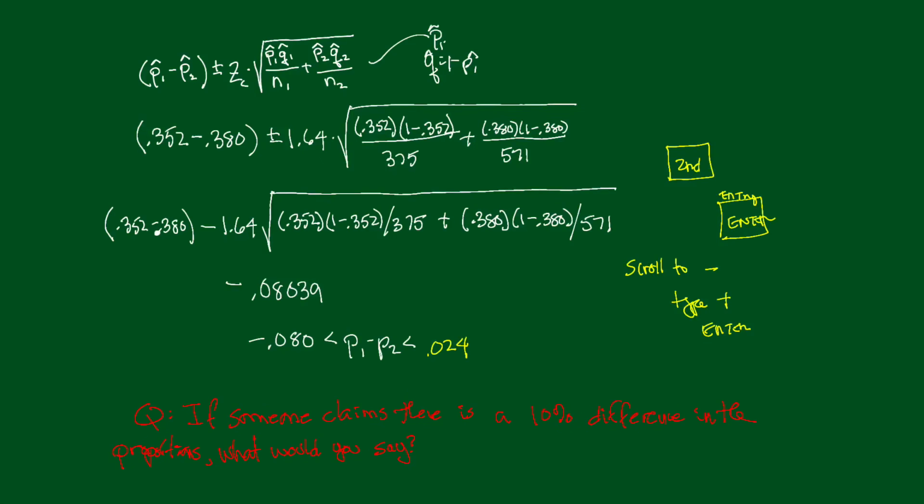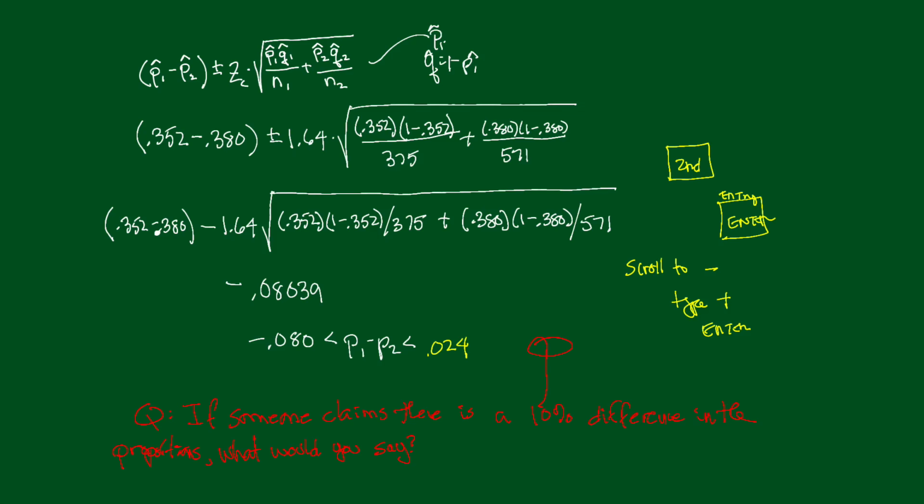So here's a question. If somebody claims that there's a 10% difference in the proportions, what would you say? Look at your confidence interval. It goes from negative 8% up to 2.4%. Where's 10%? 10% is way out here. That's not in your confidence interval.